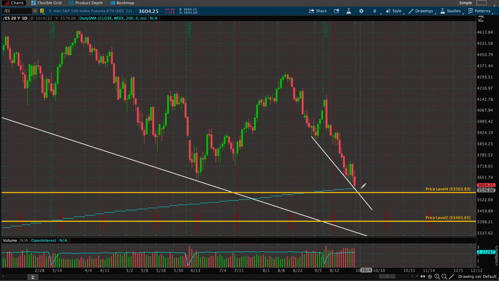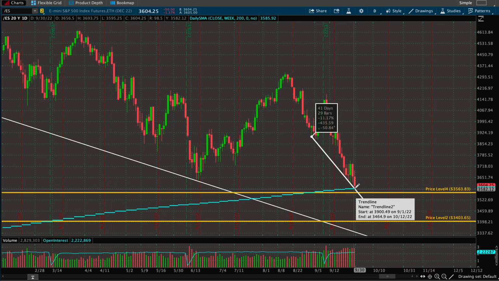We have a trend line it's touching, and also there is a W, which is a bullish pattern, and it's also a demand level. So this area here, 3560 to 3570, is an area where I would definitely see some strong support and bounce back. That's one of my levels that I am now looking at.